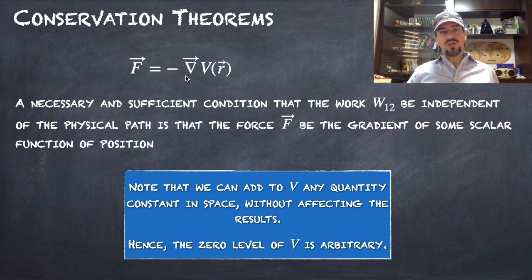Since we are dealing with the variation, the gradient of the quantity V in space, if we add any quantity constant in space, it will not affect the results. Hence, the zero level of V is totally arbitrary.